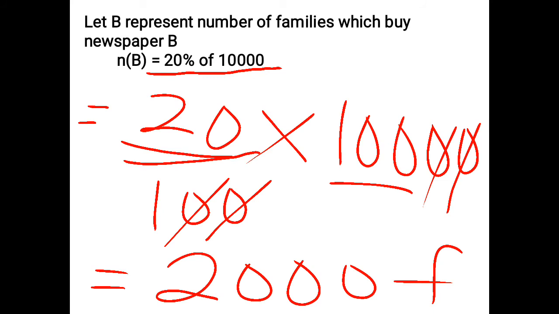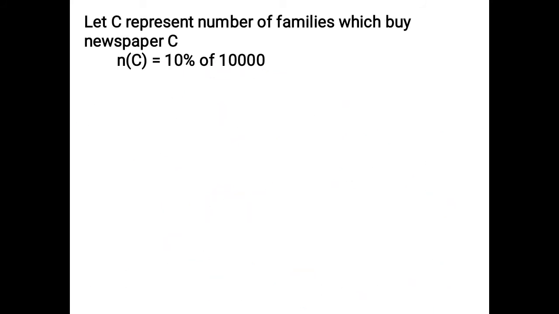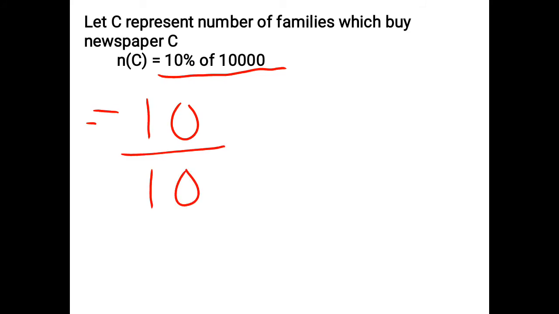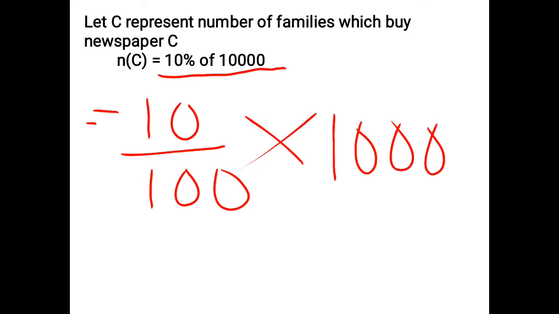Similarly, C is representing the number of families which buy newspaper C, which is also given in percentage. So 10% of 10,000. So 10% means 10 over 100 times 10,000, which is the total number of families that has been given.